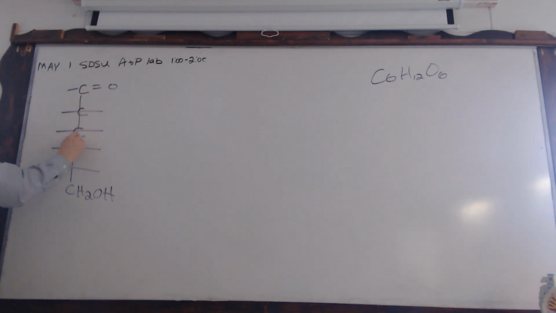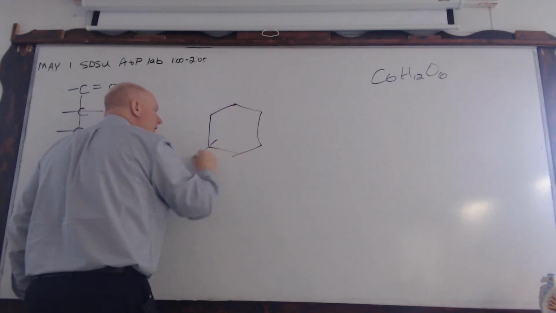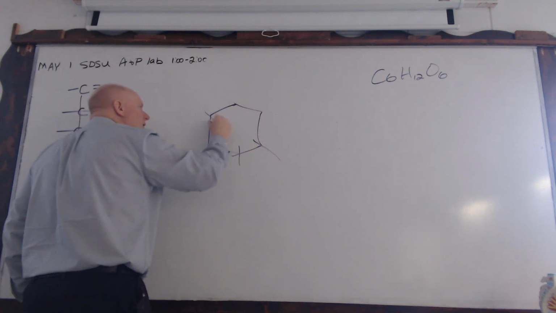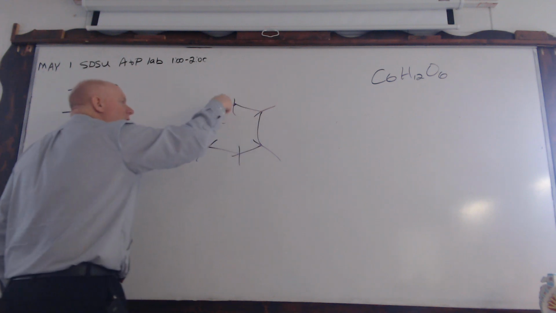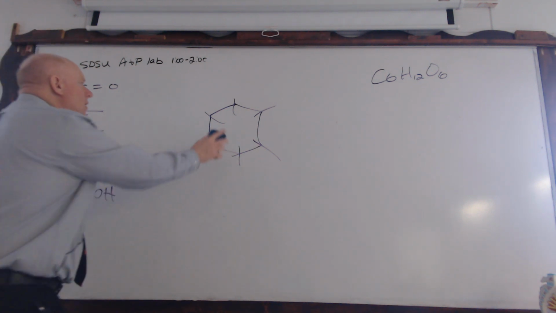Now, you don't need to write those in. It's just understood that where there's an intersection, there's a carbon atom, just like this. If you're writing cyclohexane, it's just understood that everywhere there's an intersection, that there's carbon atoms located there as well.